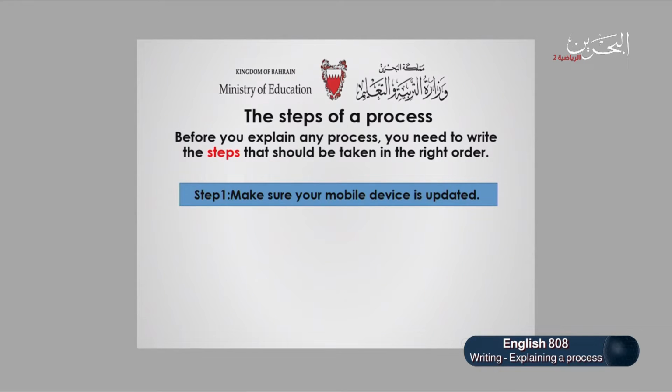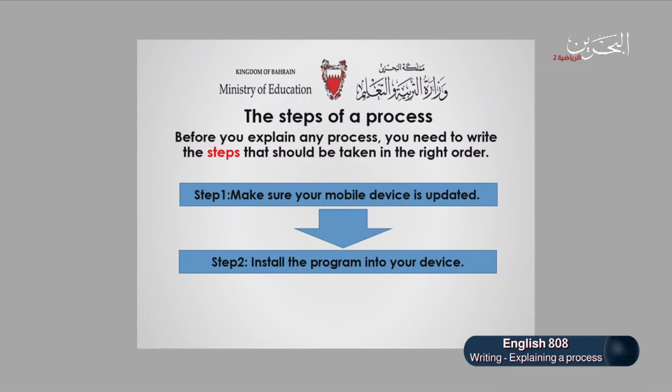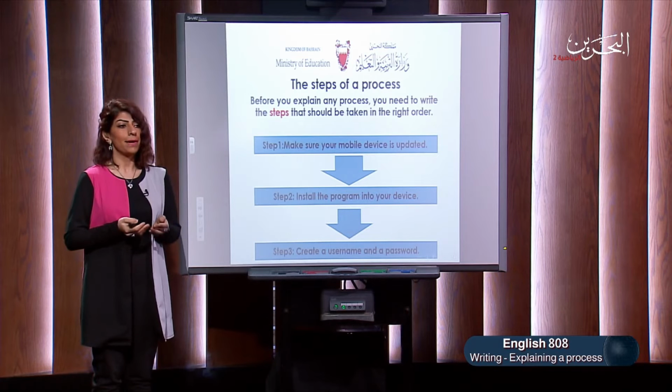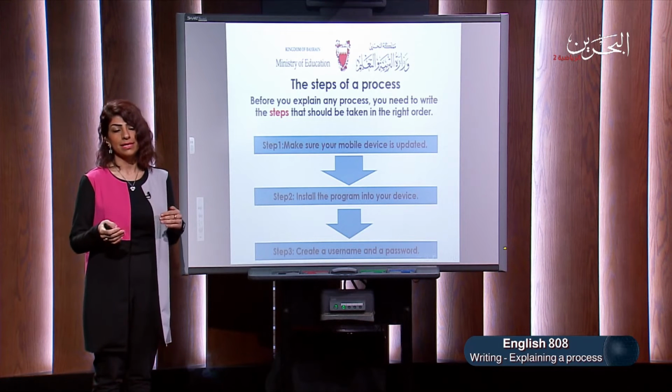Step 1, make sure your mobile device is updated. That's the first thing that you have to make sure about. Step 2, install the program into your device. Step 3, create a username and a password. These are the three steps that I have to follow to create a username or a password in any process.